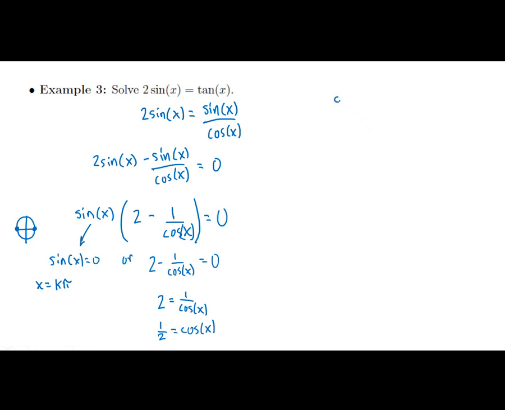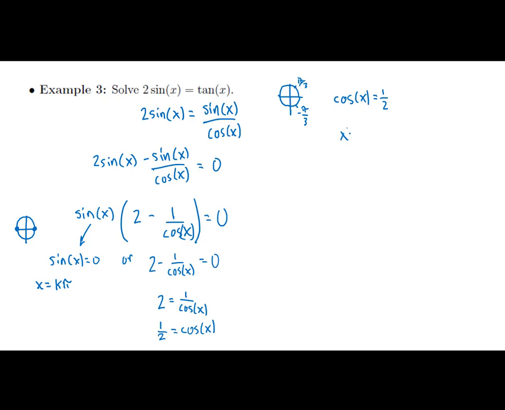So if the cosine of x equals 1/2, again we can draw a quick unit circle. So the cosine equals 1/2 at pi over 3 and negative pi over 3. I believe we had the same equation pop up in an earlier example.